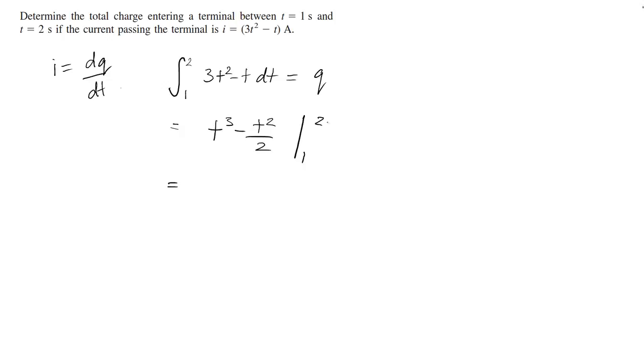Once we substitute these values, we get 2 to the power of 3, which is 8, minus 4 over 2, since 2 squared is 4, minus 1 cubed, which is still 1, minus 1 squared over 2, which is half. Solving this, we get 6 minus 0.5, which becomes 5.5.